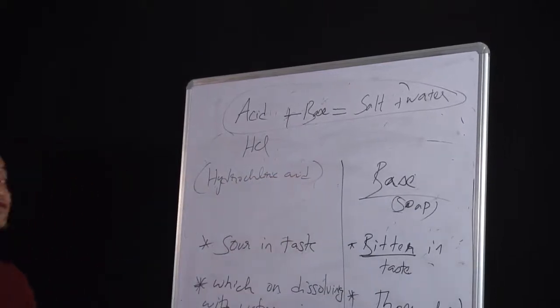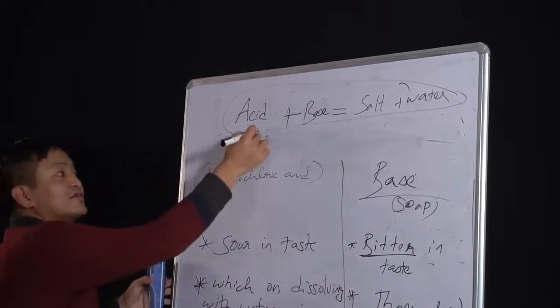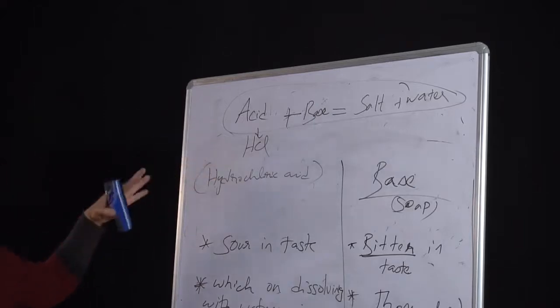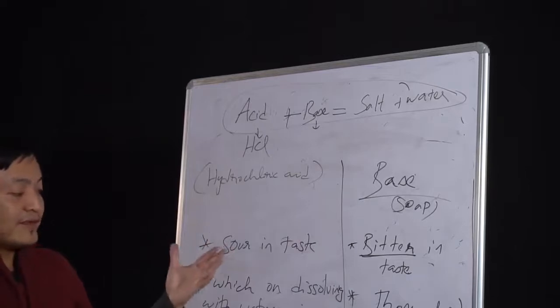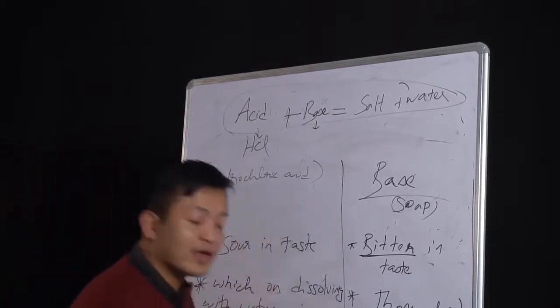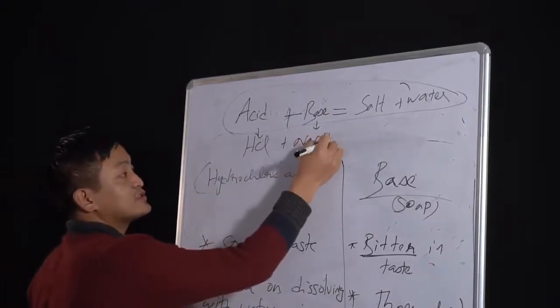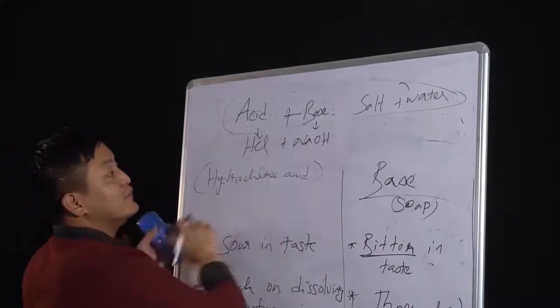This is also one of the strongest acids. So I've just given an example here, a strong acid, HCl. Base, let's give another strong base. Let's pick from here, NaOH, it's a base. So now let's see what happens when they meet together.